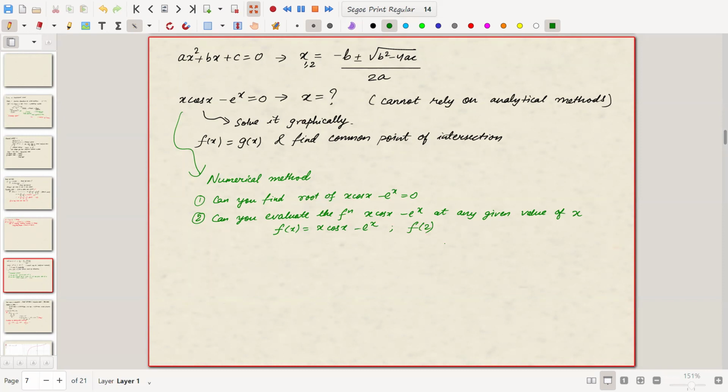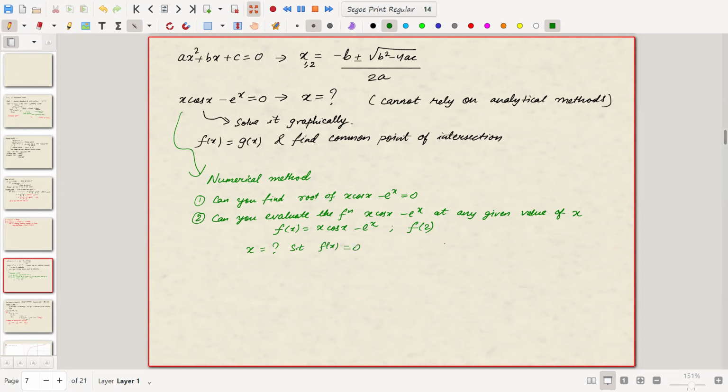So scientists also thought about it. Scientists thought that if finding the function value is easy, can we use this idea to find the root? Can we use the idea of the second step to find the root of the function f(x) = 0? Now, x equals what, such that f(x) = 0?